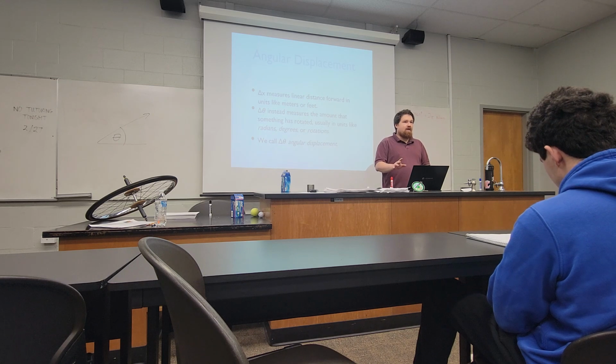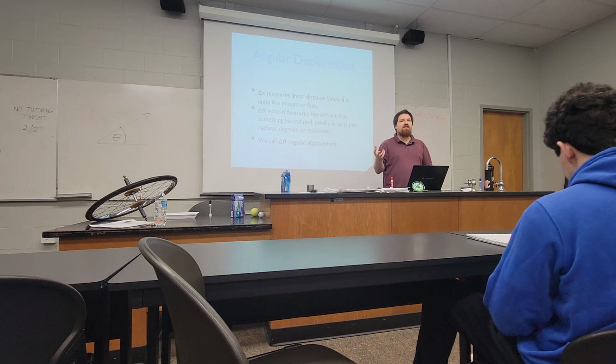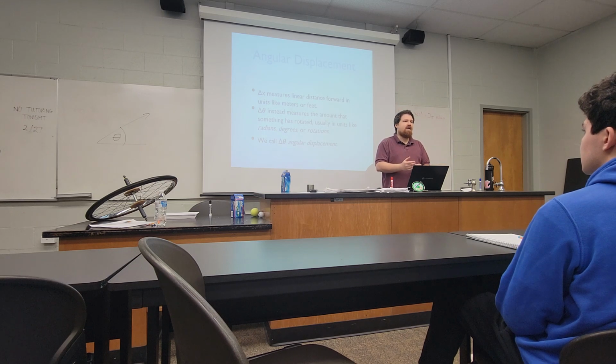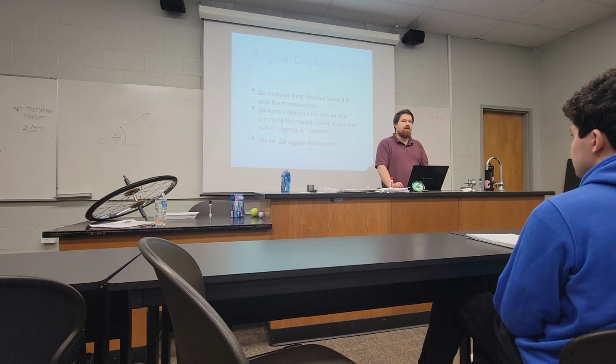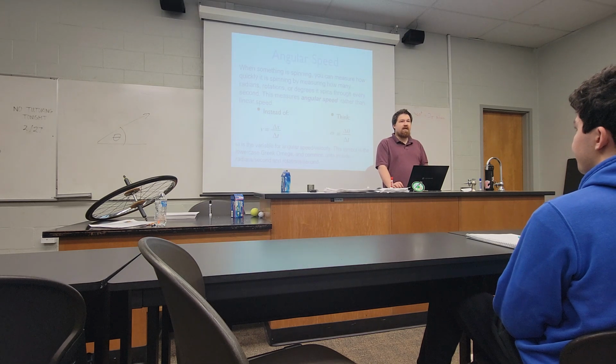All right. Now, like how there's multiple ways to describe linear motion, there's displacement for how far you move and velocity for how fast you're moving. The same is true for rotational motion as well. So there's another rotational variable I want to discuss, and that is angular speed.